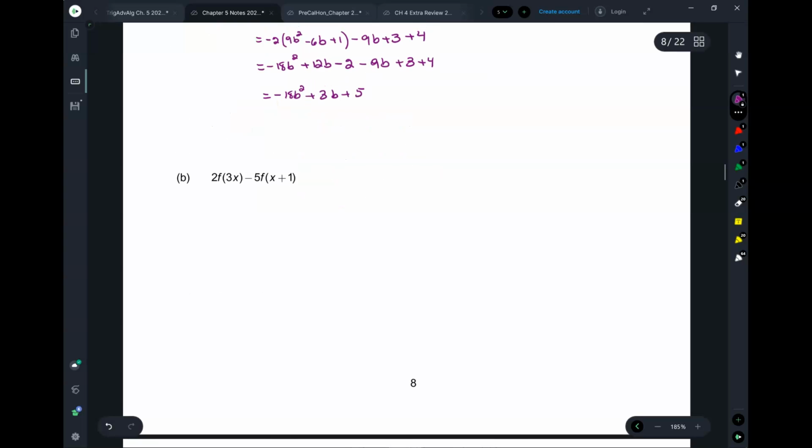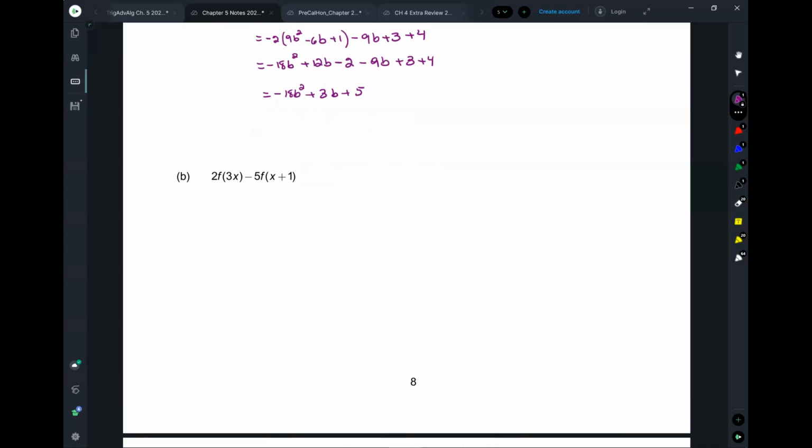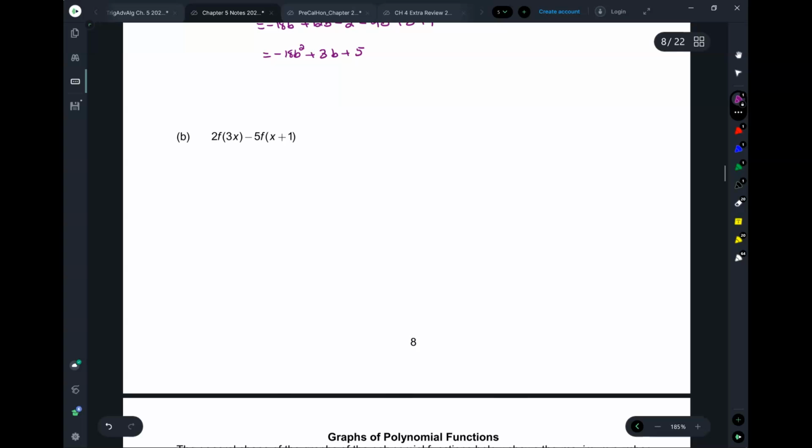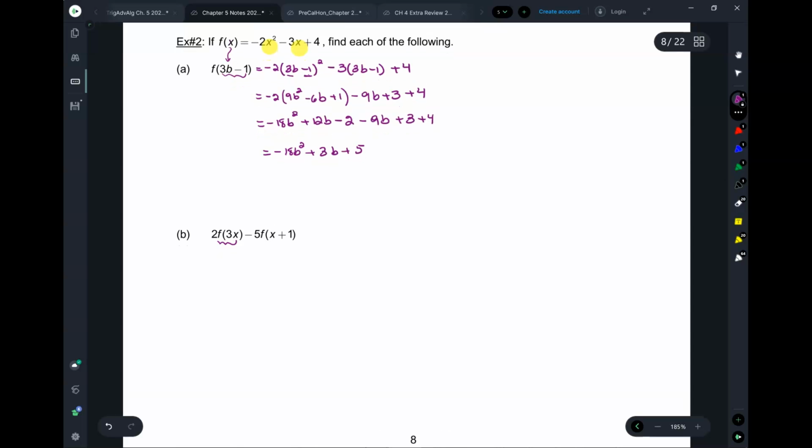How about this one? 2 f of 3x minus 5 f of x plus 1. Okay, that's just a mess of things, right? So we're going to do this piece by piece. First, we're going to do f of 3x, right? So f of 3x is negative 2 times (3x) squared minus 3 times 3x plus 4.